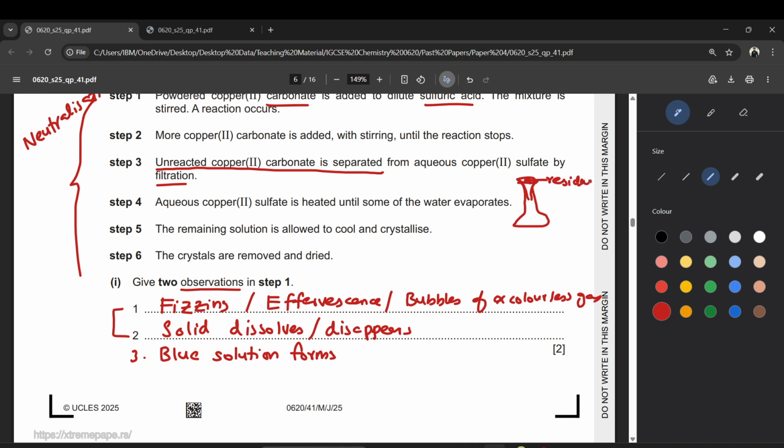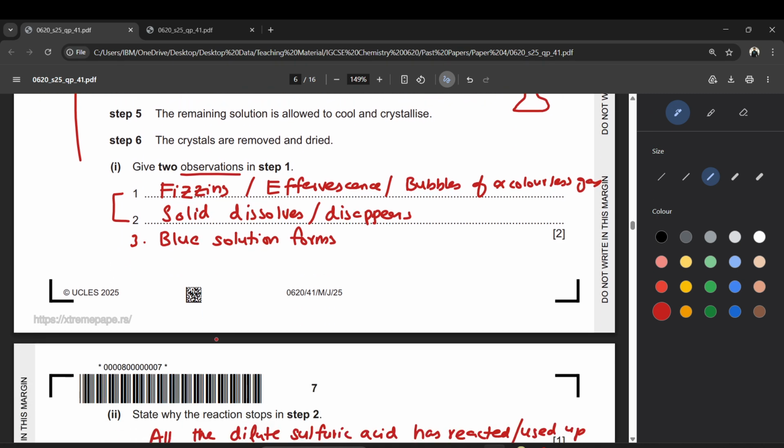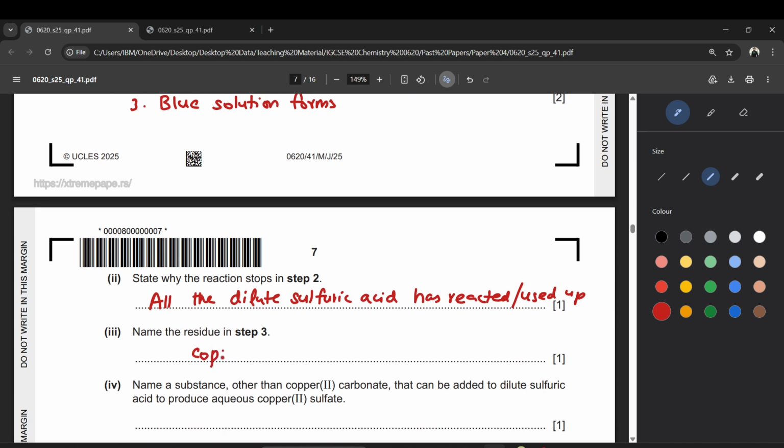So obviously that is going to be something which is unreacted and undissolved, right? So that would be copper carbonate. The copper carbonate which did not react, which did not dissolve, once we filter it, is going to be separated as a residue. So this would be copper carbonate.